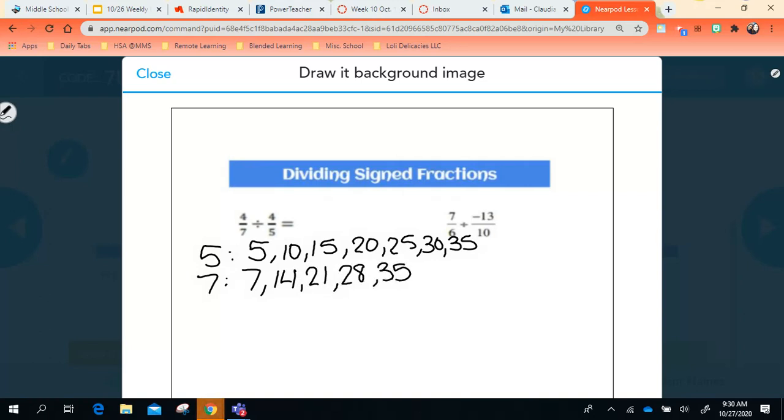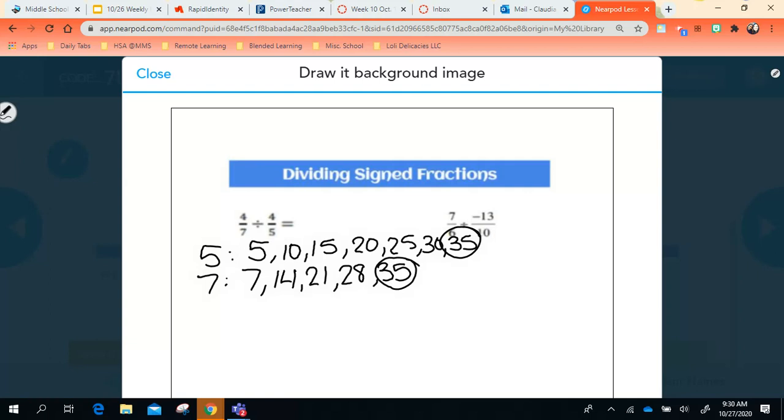Oh, there I go, 35 and 35. Use your resources, guys, just like I'm showing you. I could easily go, ooh, I know what the answer is, but no. We check to make sure.